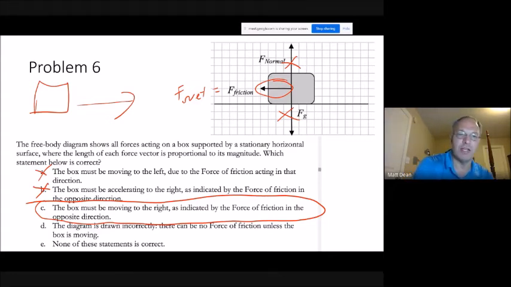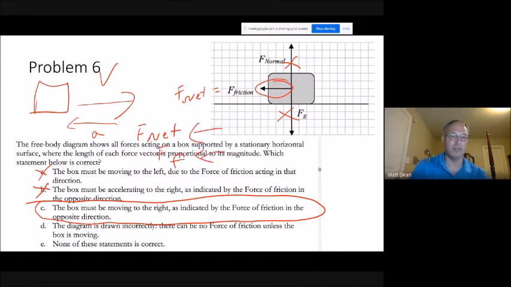The only net force acting on it is the net force of friction. So it's moving to the right, but it's accelerating to the left because there's a net force acting to the left, and that net force is the frictional force. So that's the situation we're looking at here, and that's why C must be correct.